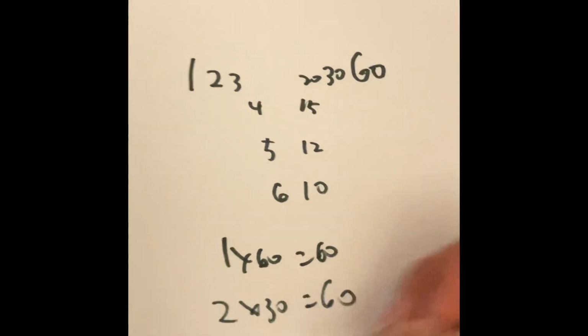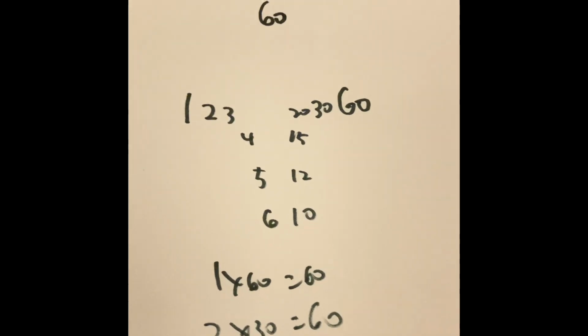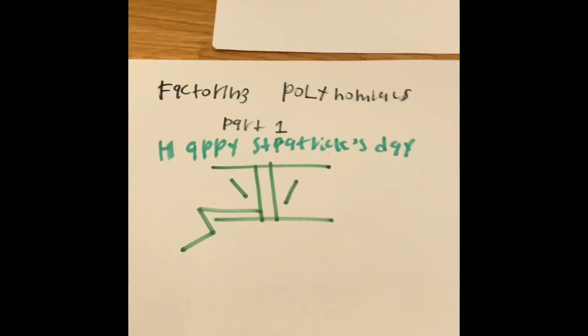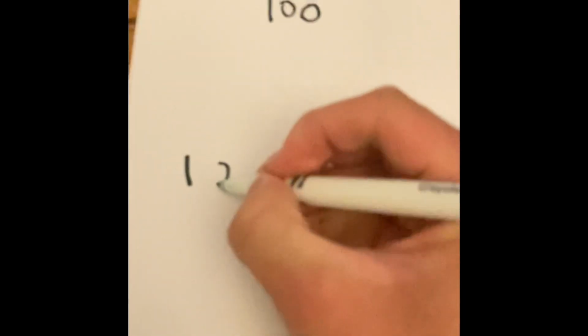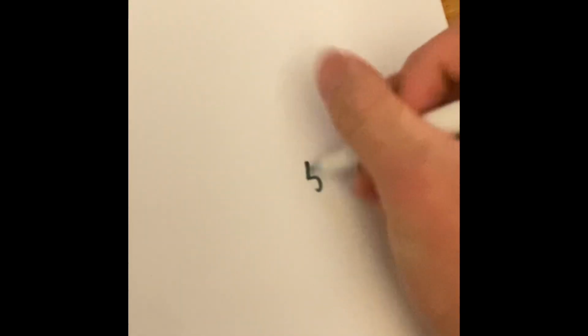And so on. What I like to do is call this the rainbow strategy, and it is based on St. Patrick's Day. Let's try and find what numbers can be multiplied into 100. So what factors go into 100? 1 multiplied by 100 will bring you 100. 2 multiplied by 50 will bring you 100.